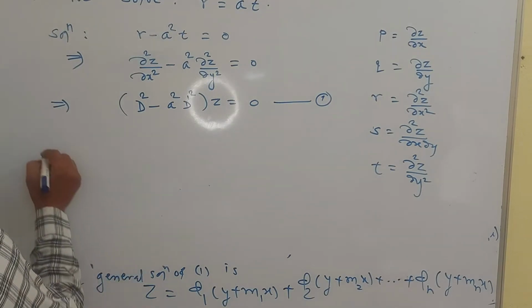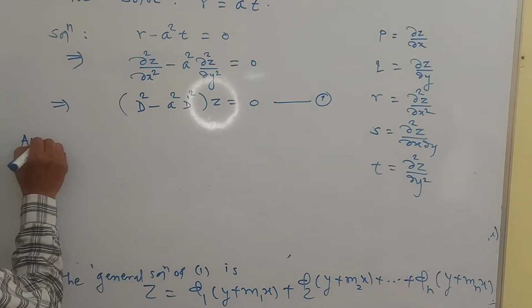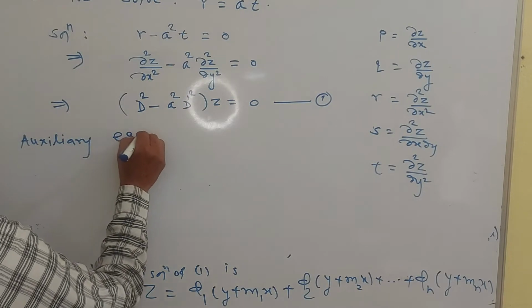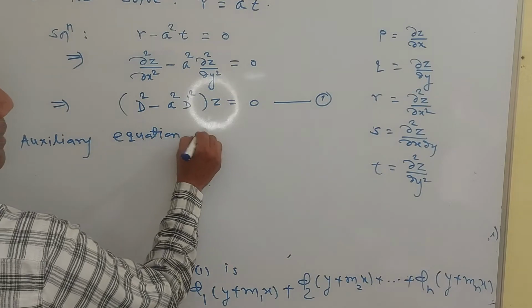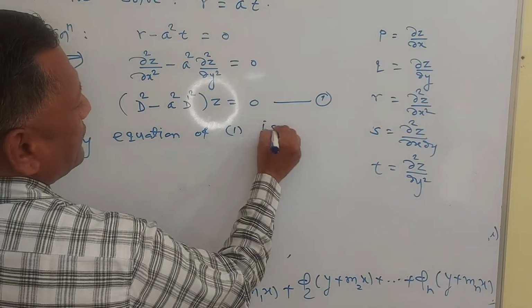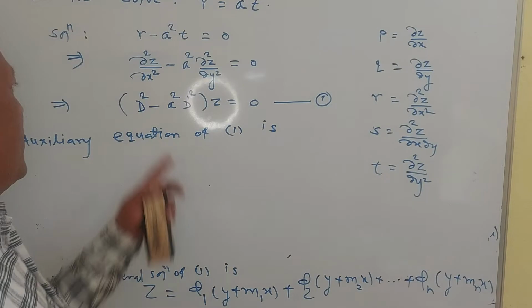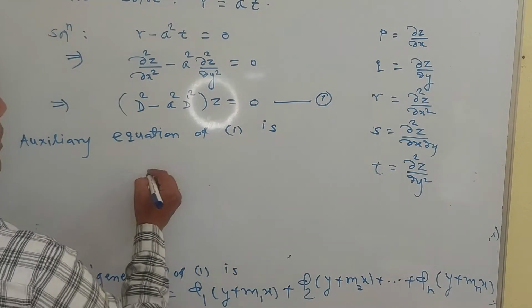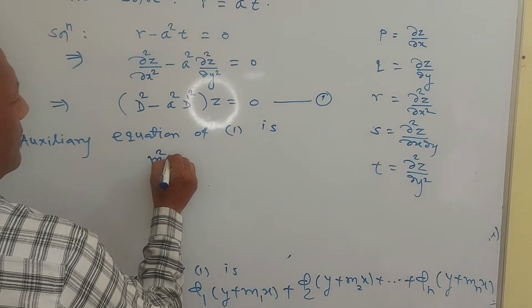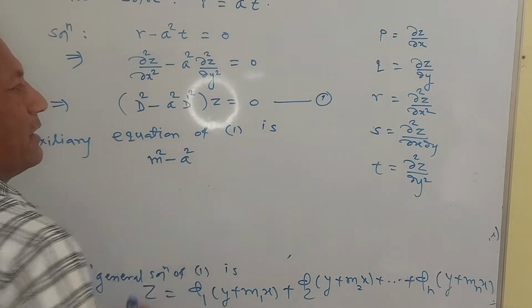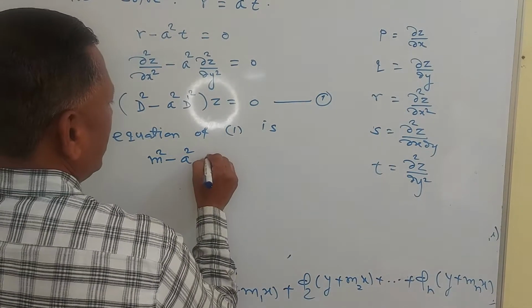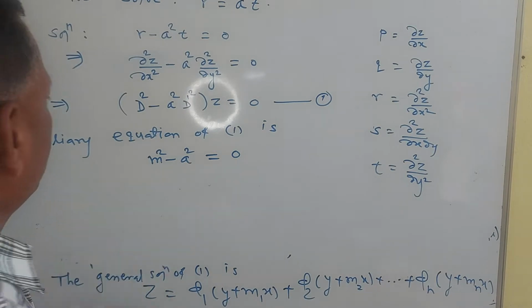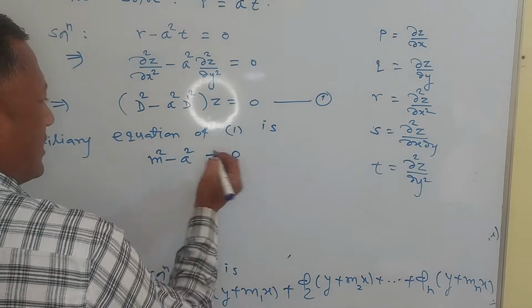Now the auxiliary equation of 1 is, now how do you obtain the auxiliary equation? By putting D is equal to m and D dash is equal to 1. So you get m square minus a square into 1 square, 1 square means 1, is equal to 0. So this is the second order. So m square minus a square is equal to 0.